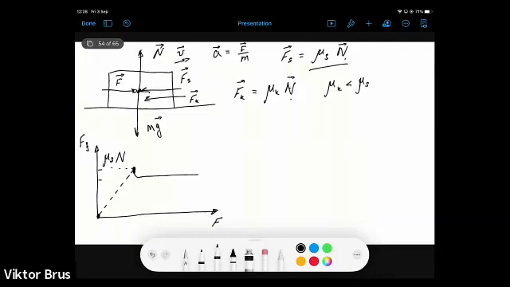This saturation will happen at the level defined by the kinetic friction force, mu kinetic times N. As you see, the maximum static friction force is a little bit higher than the kinetic friction force. So we can define two regimes here: static and kinetic.